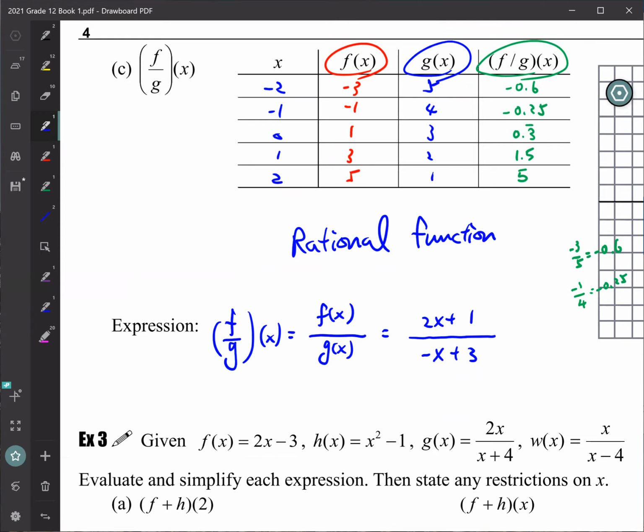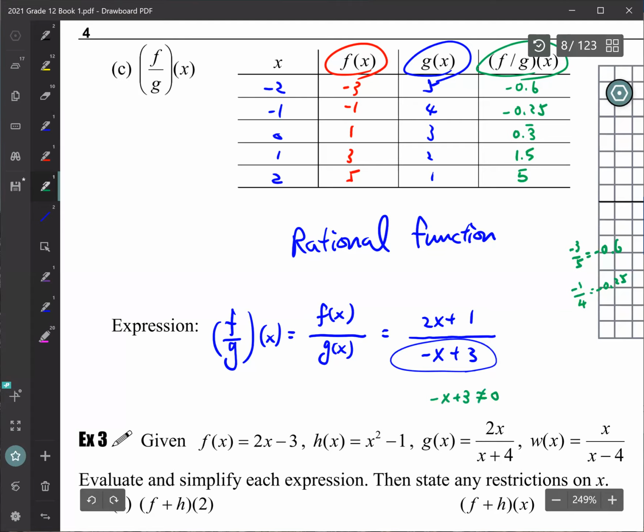The denominator can't be 0. Yeah, very good. Okay, so what number makes the denominator become 0, Lily? 3. Yeah, very good. Okay, so negative x plus 3 cannot be 0, which means the x cannot be 3.